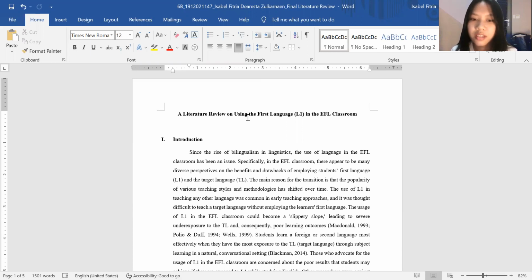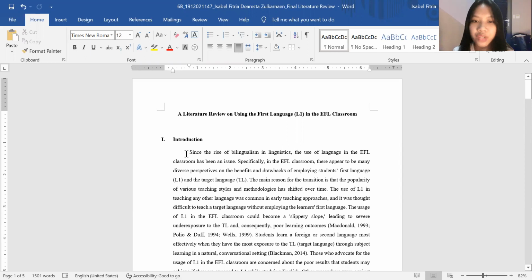First, I think I need to be more specific about which topic I would focus on, and also it is actually so hard to find related articles about using both languages in the EFL classroom.